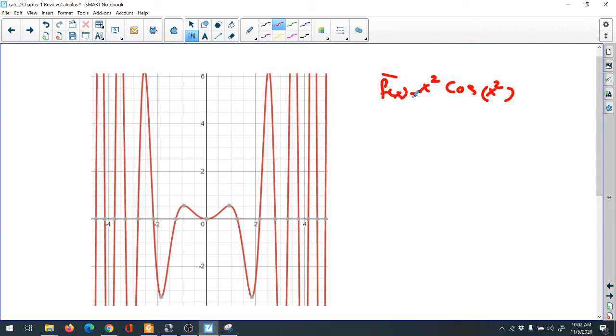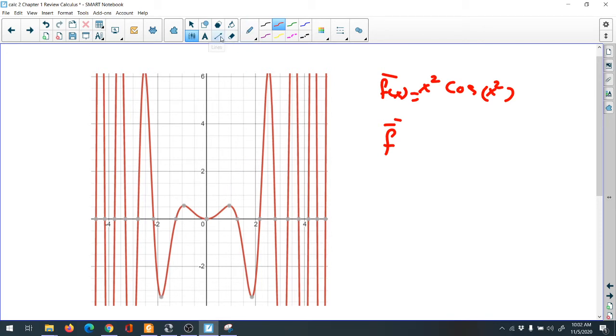That's the derivative of the function. If you want to find the second derivative, that means you look for where the tangent line slope equals 0.